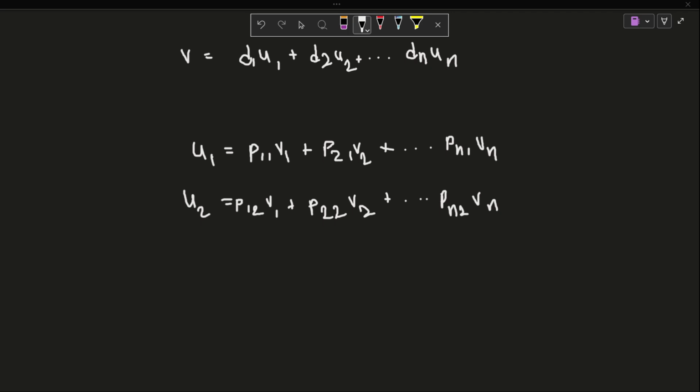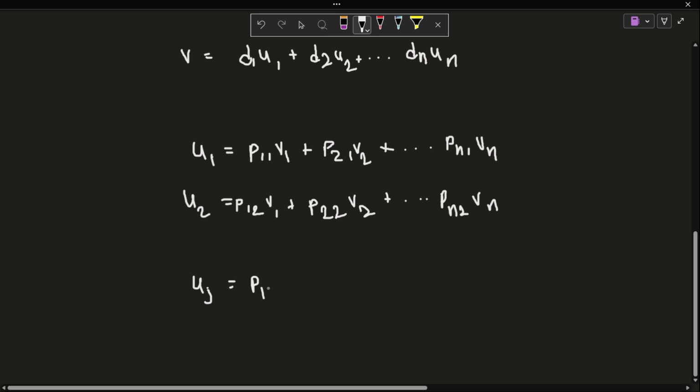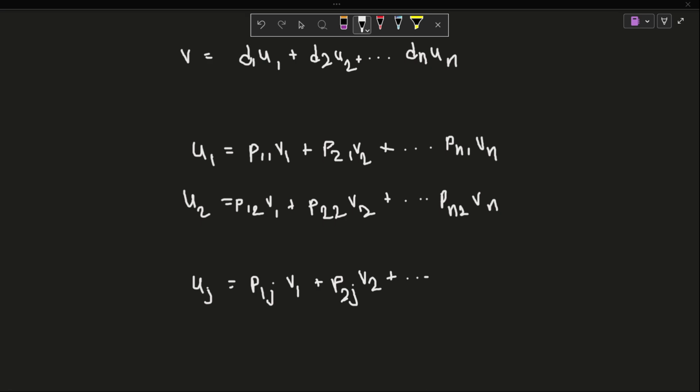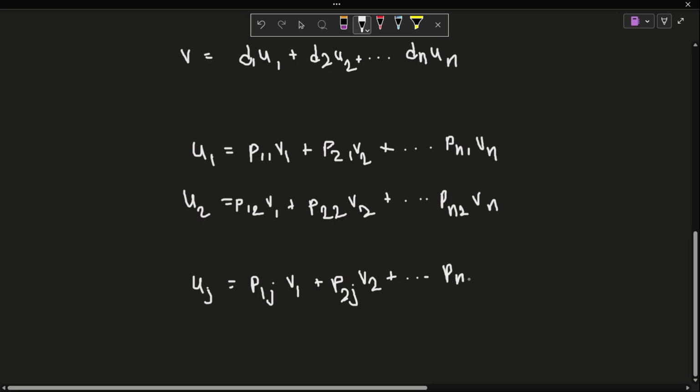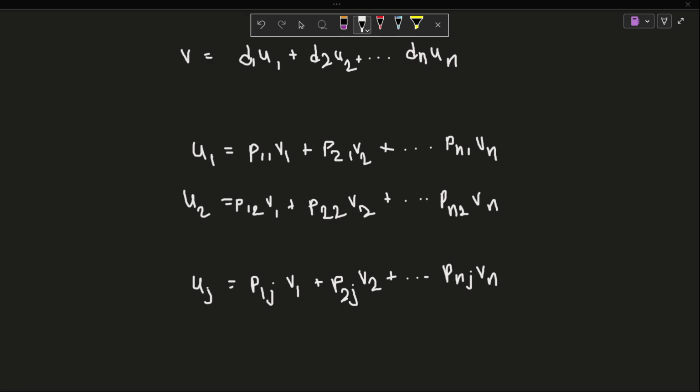And so for any scalars, basically, you're going to say that our vector uj is going to be equal to p1j v1 plus p2j v2 all the way up to pnj vn, basically.